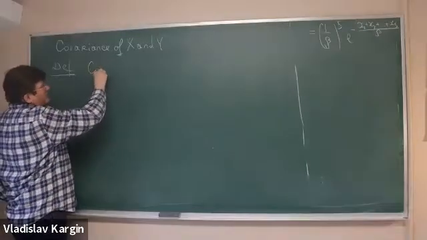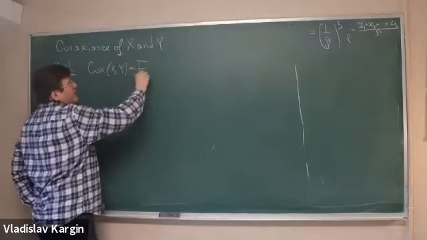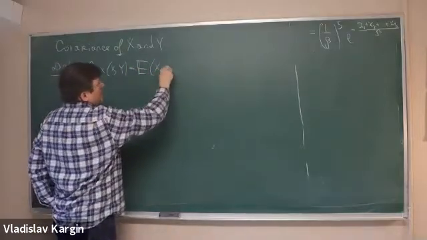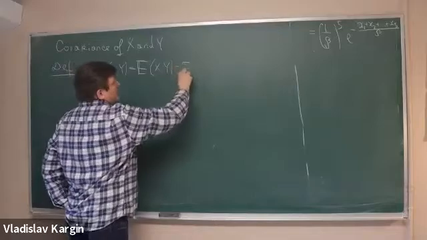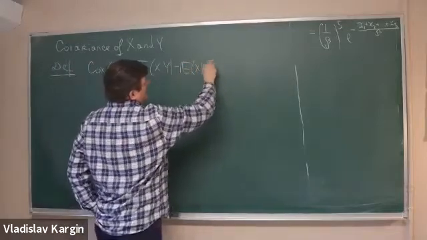So the covariance of x and y is equal to E of x multiplied by y minus E of x multiplied by E of y.